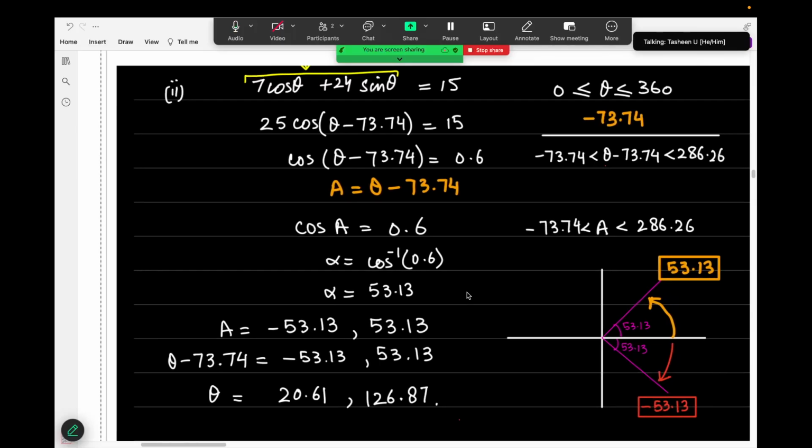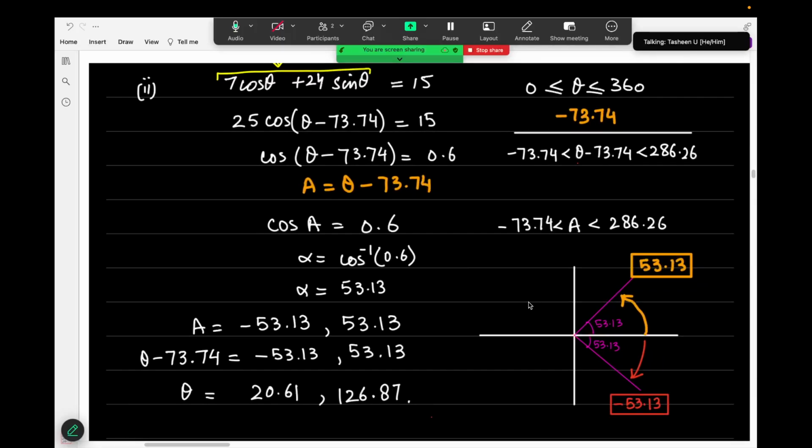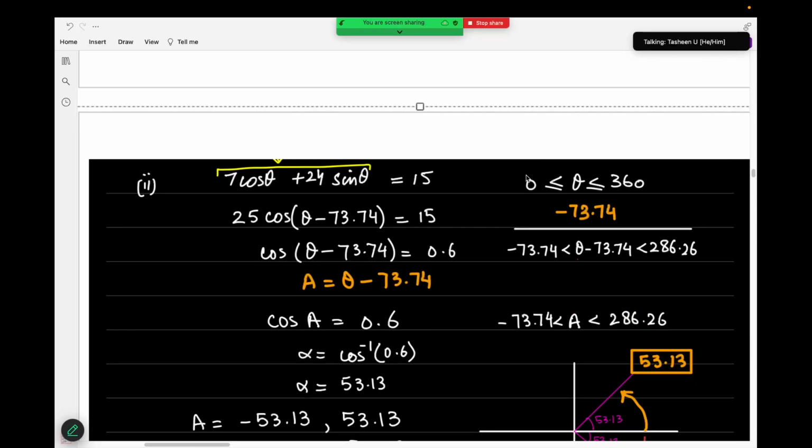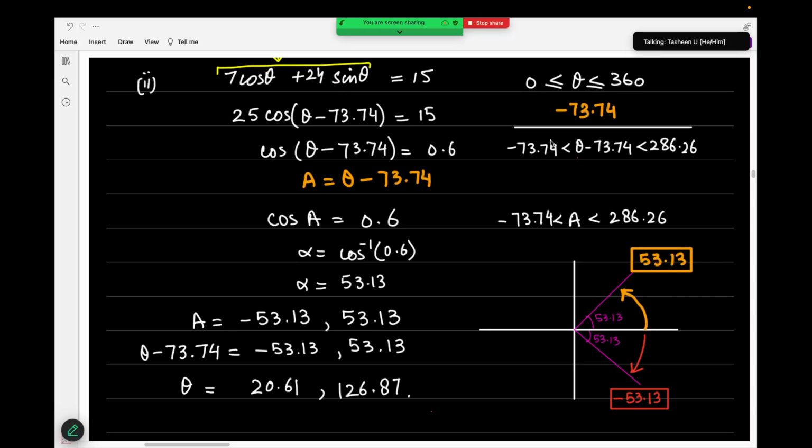Because you forgot to take anything minus. I always said take the minus angle first. Your range is up until negative 73, so you can take negative 53, and you thought that you're solving for theta and you don't have that. That's why I always say permission is not granted for inverse until you change the range. So you have to change this range.